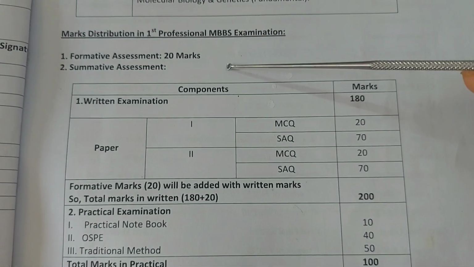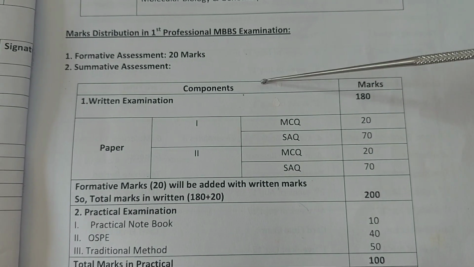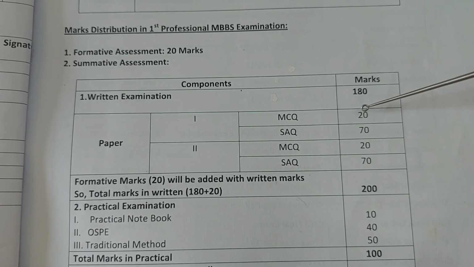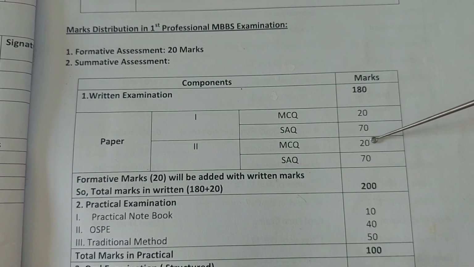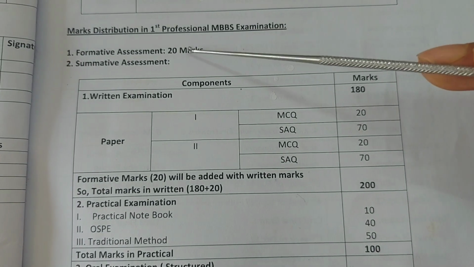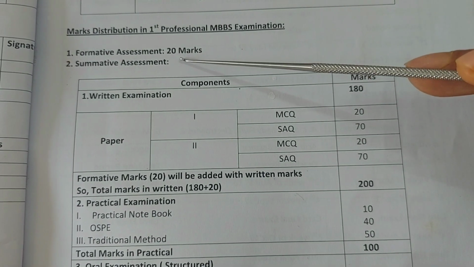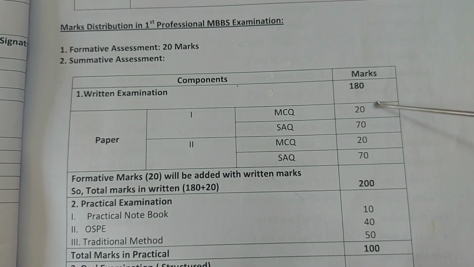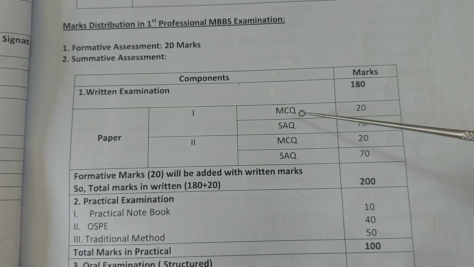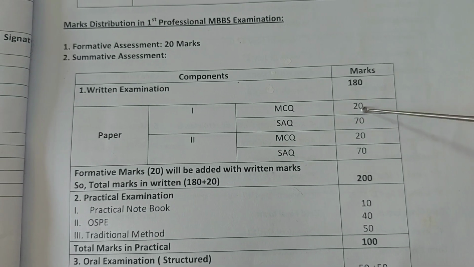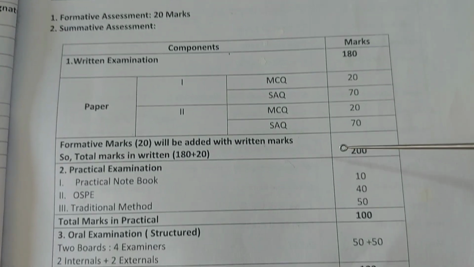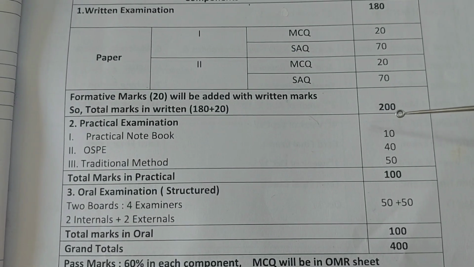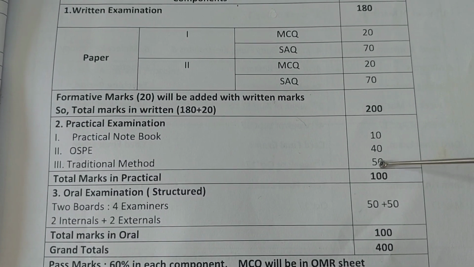In the written examination, you will have 200 marks: paper 1, 90; paper 2, 90; and the other 20 is the formative assessment. In the 90 marks of paper 1, you have MCQ 20 and SAQ 70, and the same in paper 2.